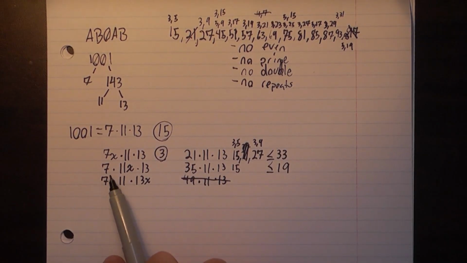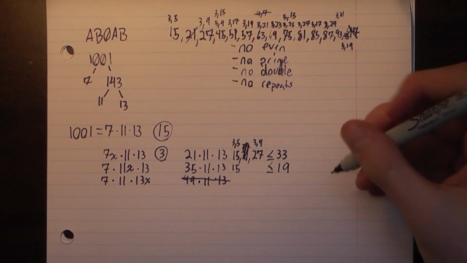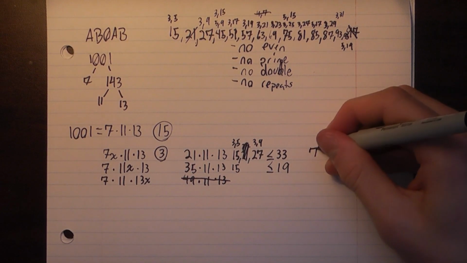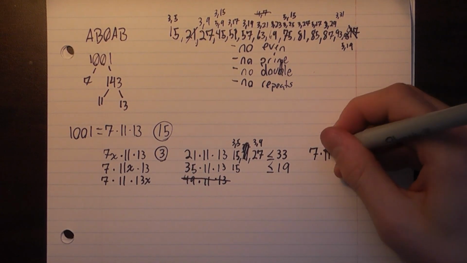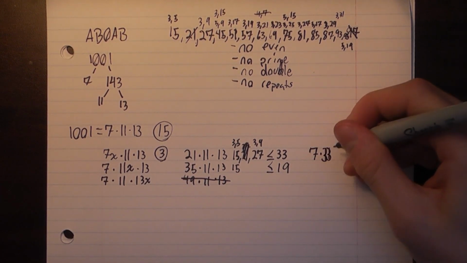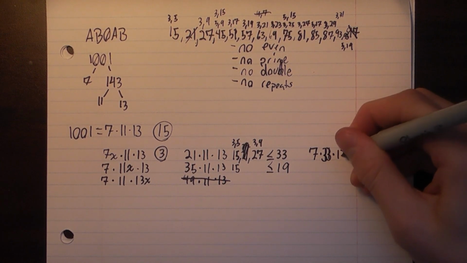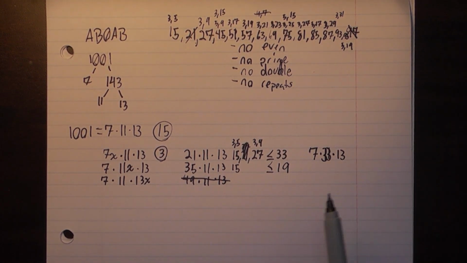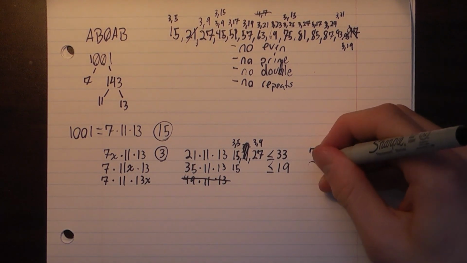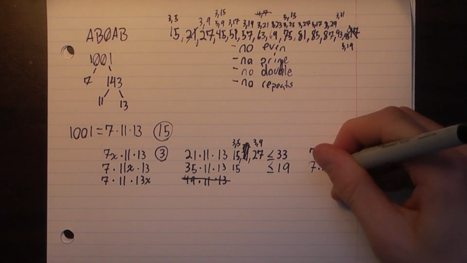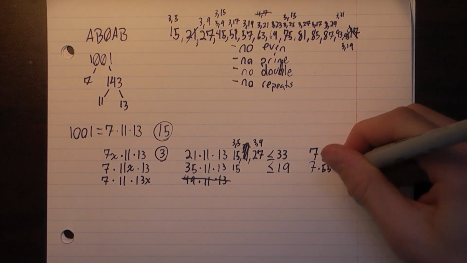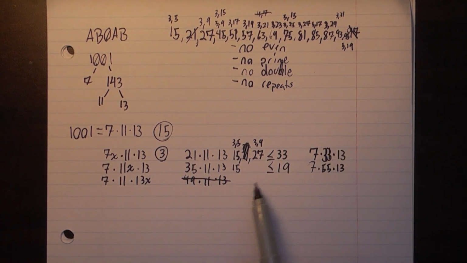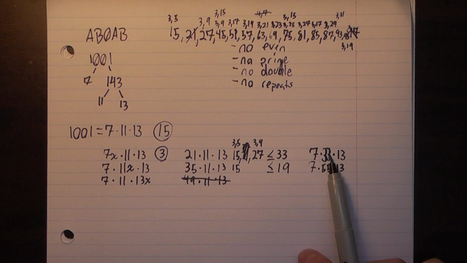Now if we do 7 times 11x times 13, if x is 3, then 11 becomes 33. And it can become 55 as well. But just like the other one, this multiplies to 3003 because we multiplied it by 3.